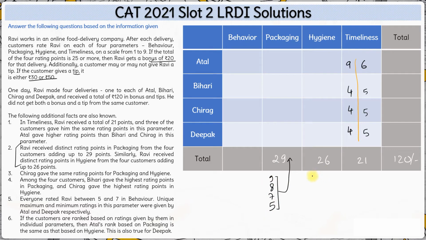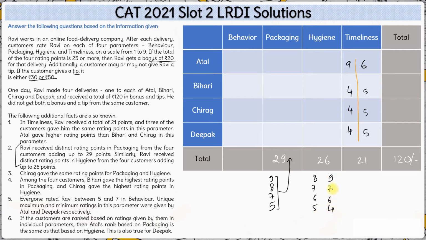What about the sum of the next 4 highest rating points, that is 8, 7, 6, 5? If you look at 8, 7, 6, 5, the sum is 26. Is there any other case possible where the sum is 26? If we increase 8 by 1, so this is 9, this is 7 and 6, we decrease 5 by 1.